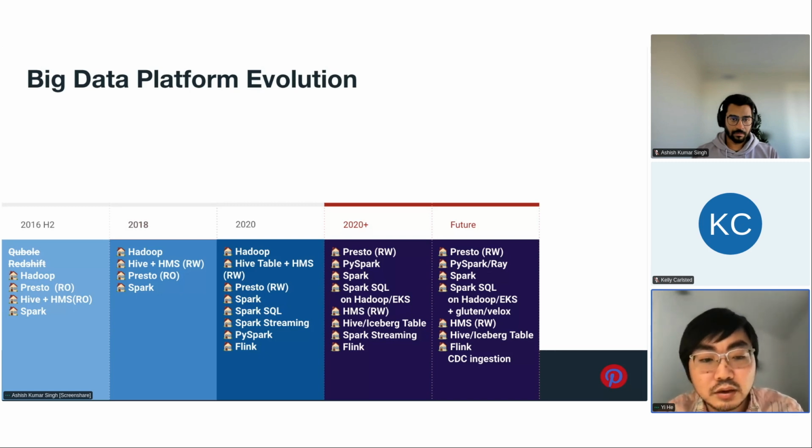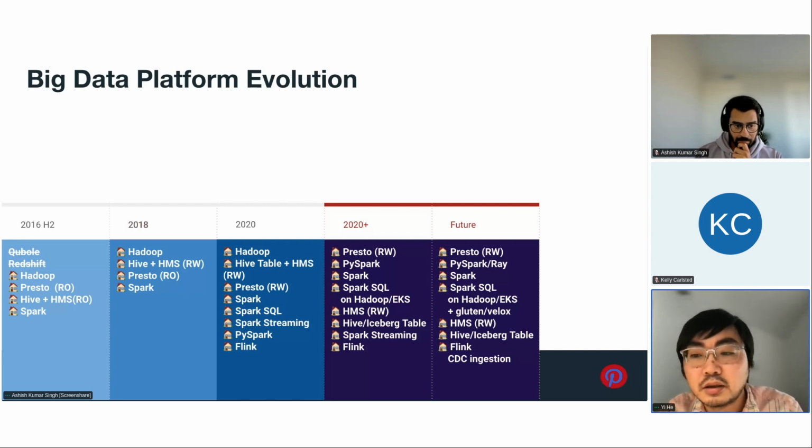Currently, we have started to onboard our data sets into Iceberg tables and run our Spark jobs on EKS. We are consolidating our programmatic jobs into Spark, streaming jobs into Flink, and evaluating adoption of Gluten and Velox in Spark and Spark SQL jobs. We are also looking forward to moving our CDC ingestion job to Iceberg.